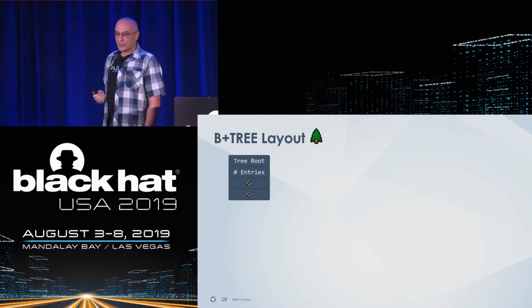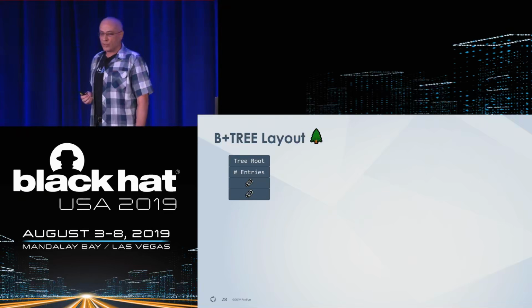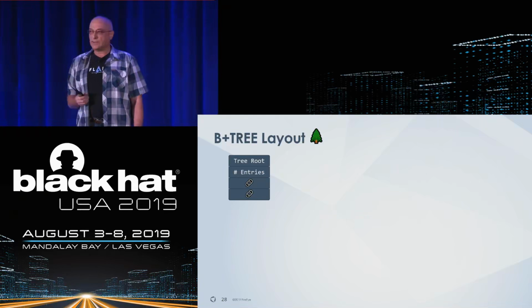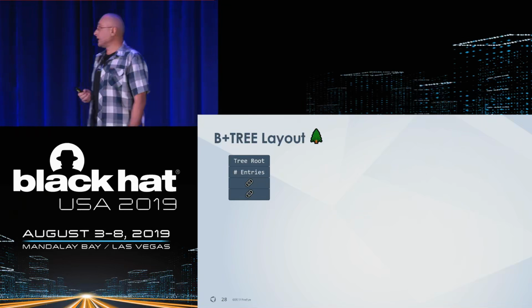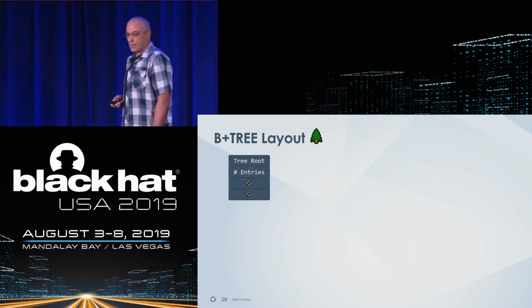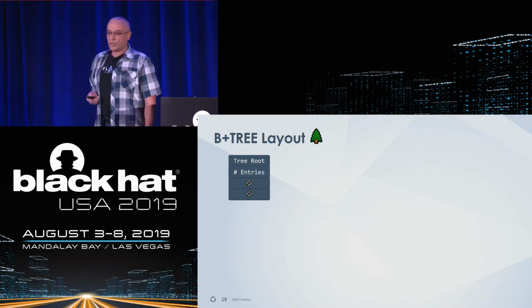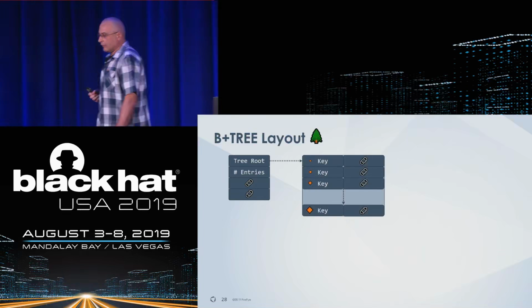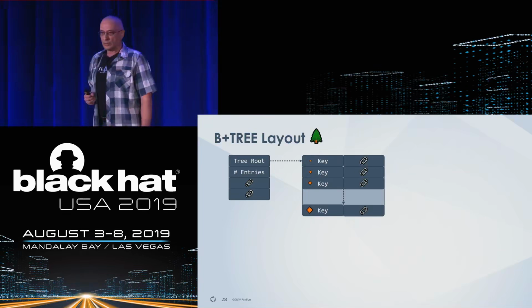The top of the structure contains a pointer to the root node, along with a value that specifies the number of elements inside the tree container. Our first goal here is to dereference the root node, and that will get us to the first non-leaf node.